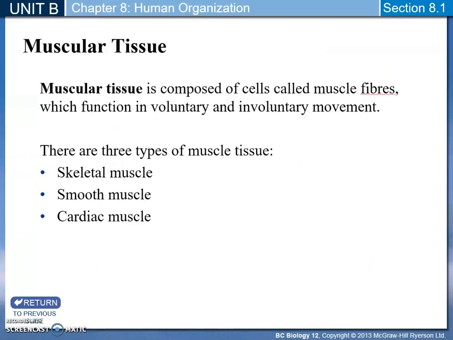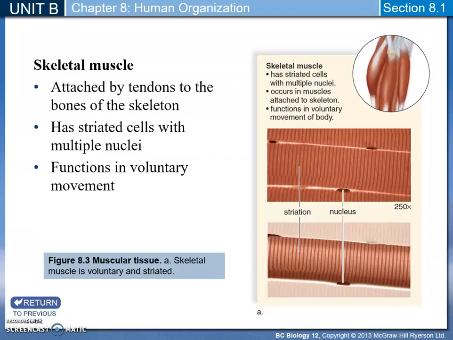Then we have muscular tissue, composed of cells called muscle fibers, and they function in voluntary and involuntary movement. We have skeletal muscle, smooth muscle, and cardiac muscle. Skeletal muscle is attached by tendons to the bones of the skeleton, and it has striated cells with multiple nuclei.